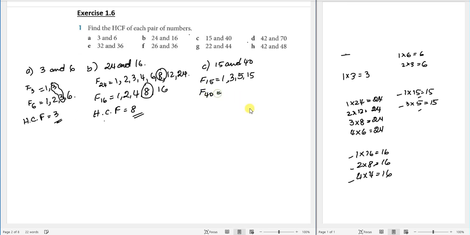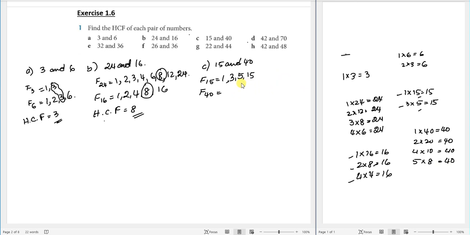F40. 1 times 40 is equal to 40. 2 times 20 is equal to 40. 4 times 10 is equal to 40. 5 times 8 is equal to 40.